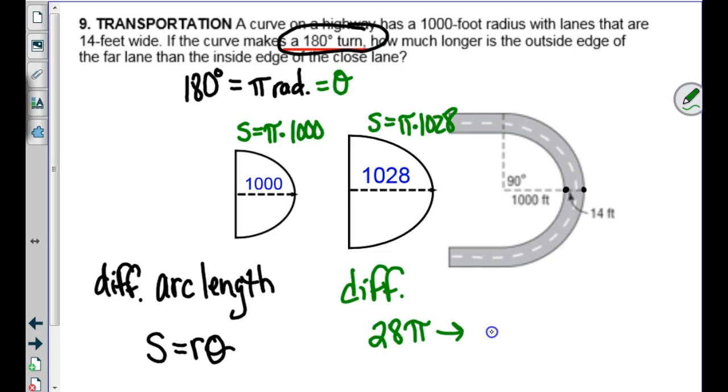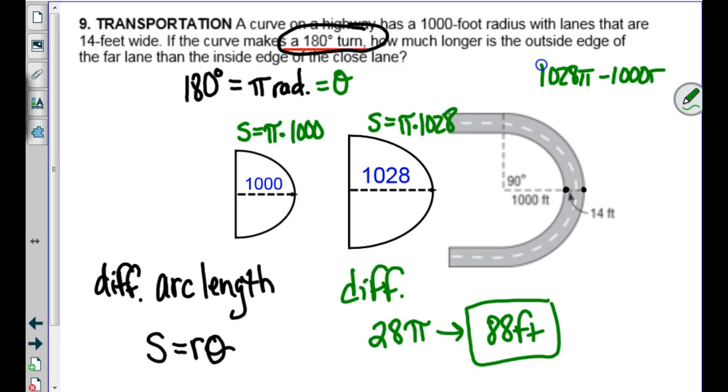Roughly 88 feet further. So it was 1028 pi minus 1,000 pi was 28 pi, or about 88 feet, because I just typed 28 times pi.